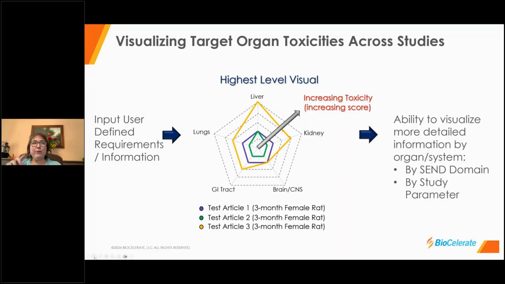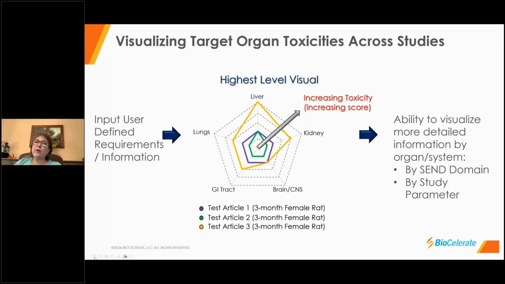And so the different colored lines are indicating the different severity of the target organs. So for example, if you have test article number 1 and test article number 2, you'll see that these are kind of clustered around the center of this radar plot. Well, that really indicates for all of these different target organs that there's really low incidence and low severity of findings in really all of these organs, not much different from control.